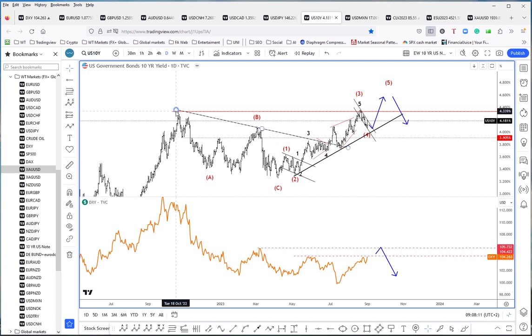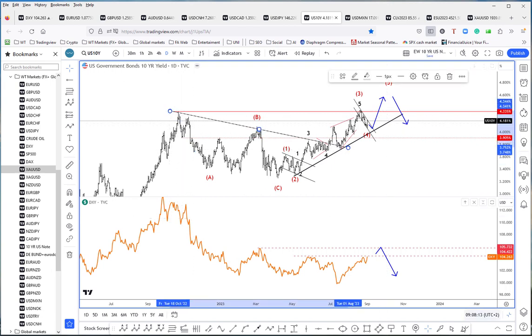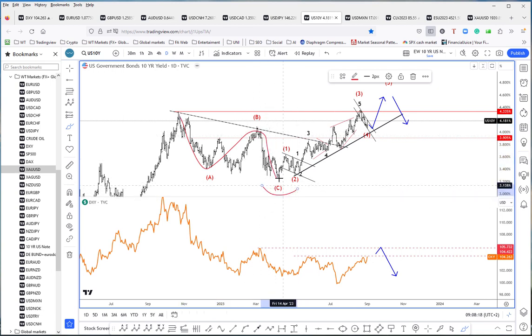You can see that I am tracking a recovery after we completed and bottomed here after this ABC drop in April. So from there I'm tracking a 5-wave movement. And notice that this recent pullback occurred after just a minor spike to a new high.